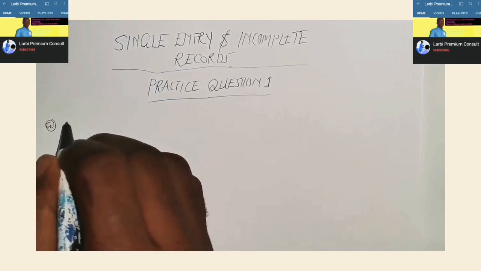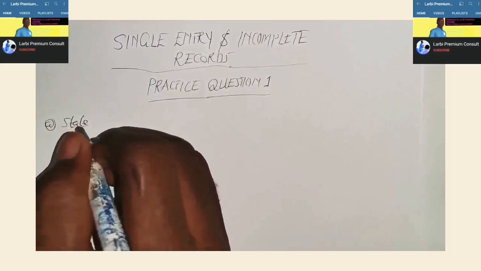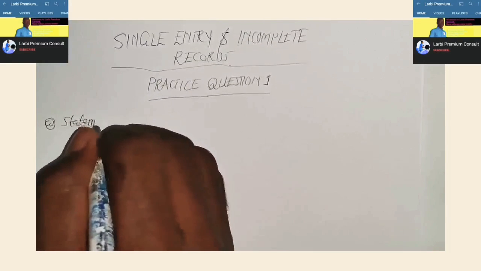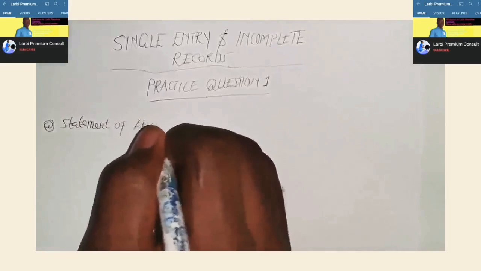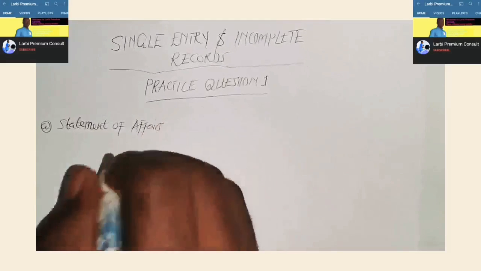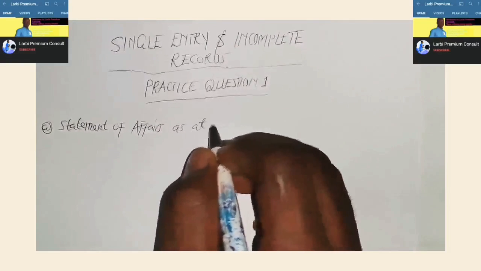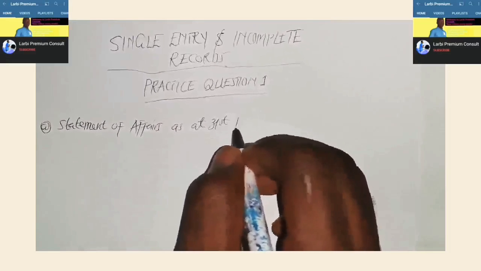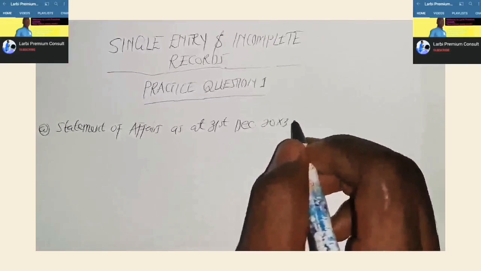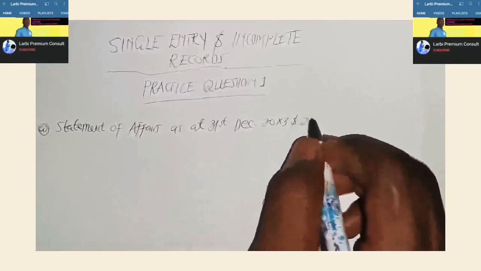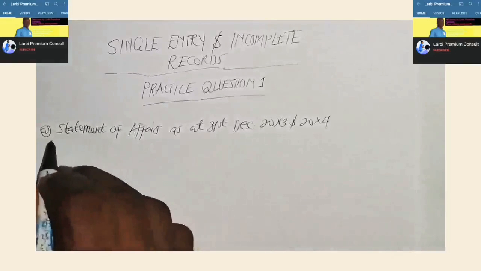A. Statement of affairs as at 31st December 20X3 and 20X4. So underline it.